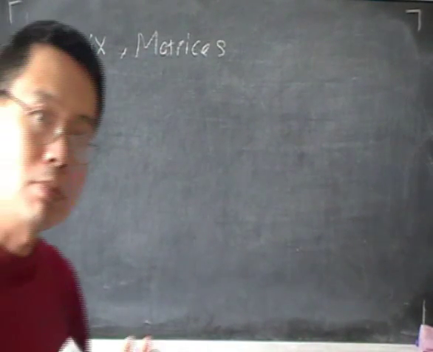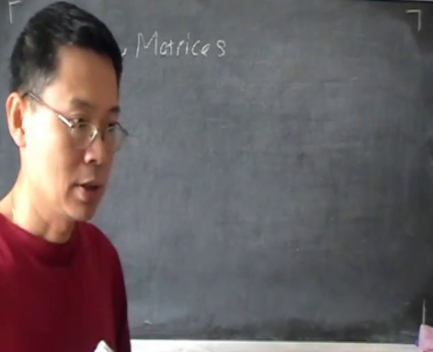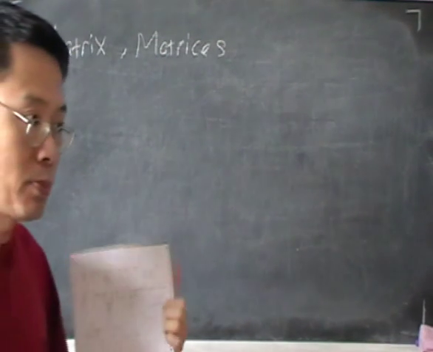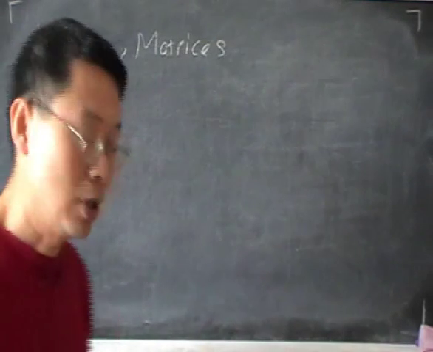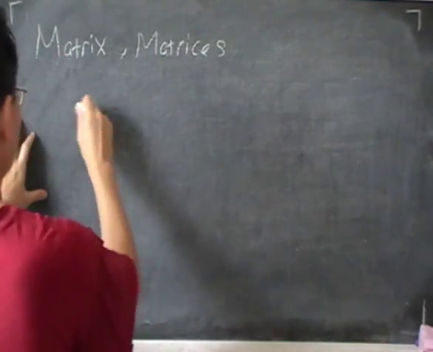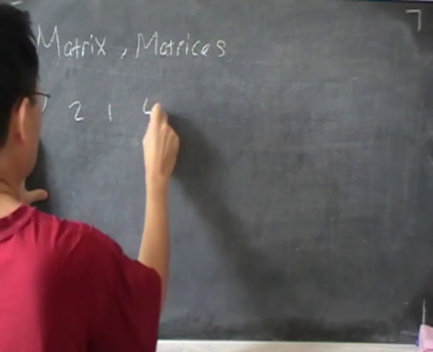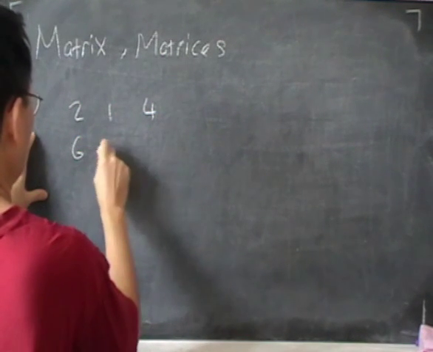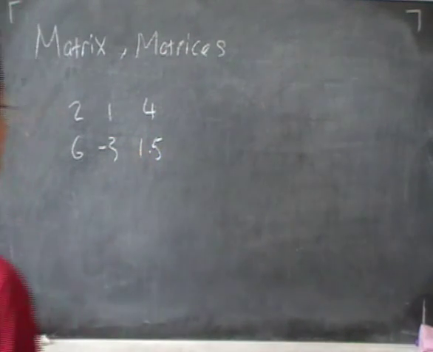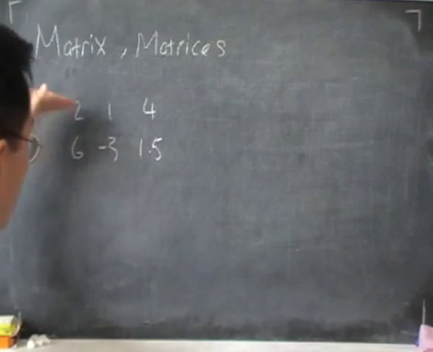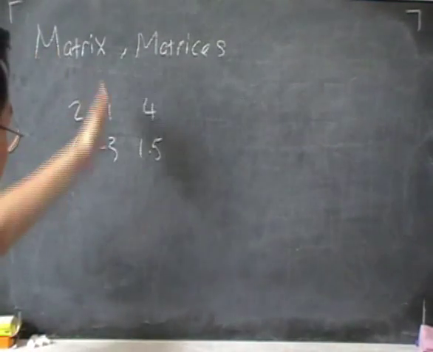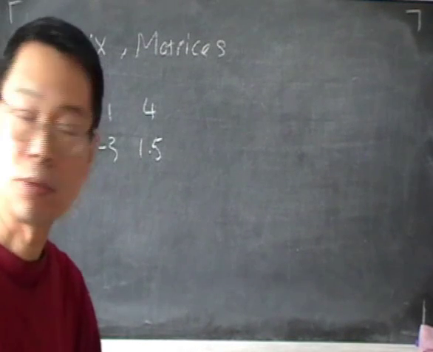Now, a matrix in mathematics is essentially a table of numbers. So if I just make something up like that, I have 2 rows of numbers here and 5 columns, right?